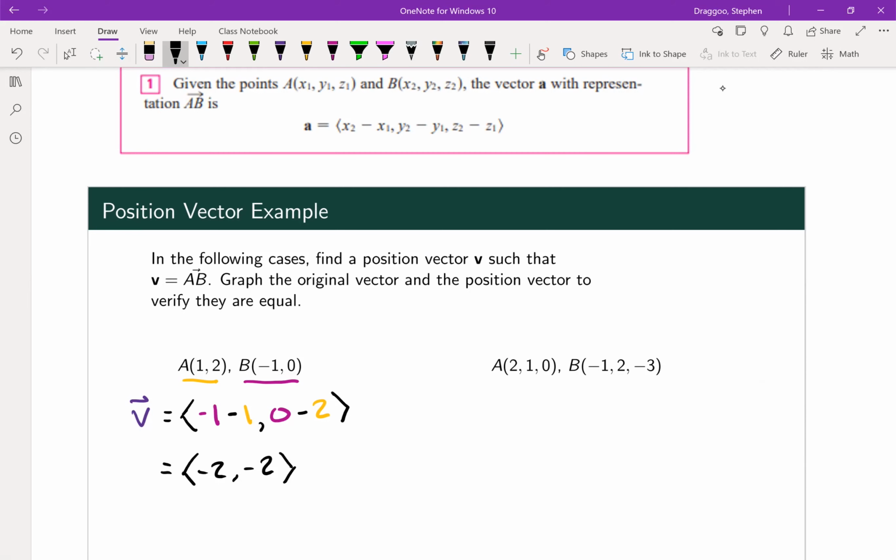And then into 3 space, if we're going to look for yet another vector, we can look at B and we'll look at A. Then our vector v could be the vector <-1 minus 2, and the x component, we'll look at 2 minus 1 in the y component.